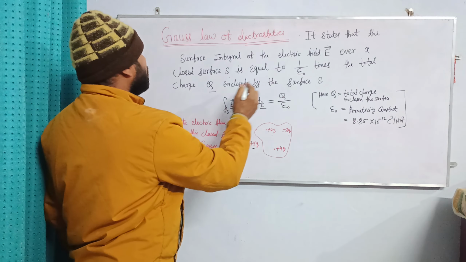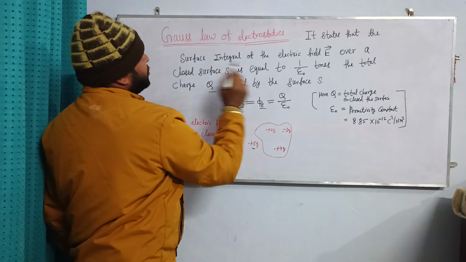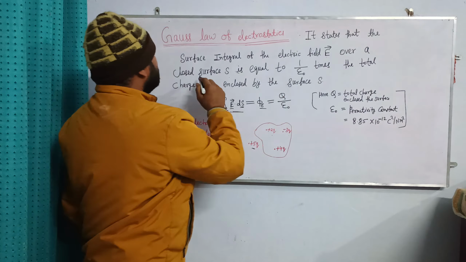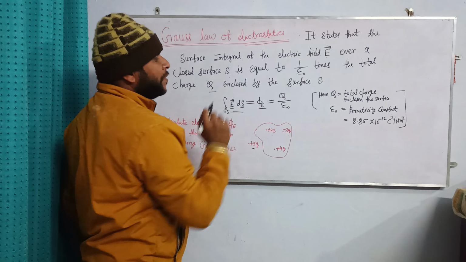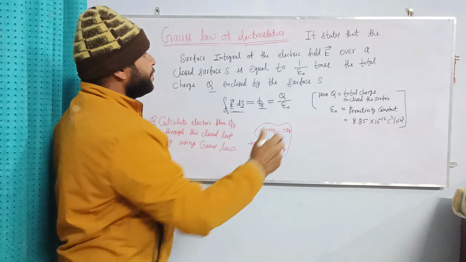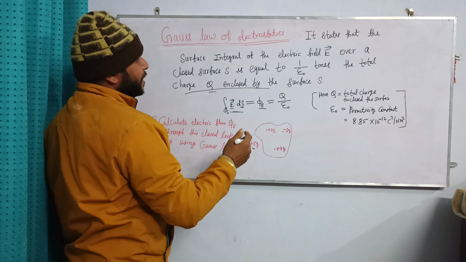Here the integral of E over the closed surface S means electric flux, so it becomes equal to phi E. Phi E is the symbol of electric flux and that is equal to the total charge Q enclosed by the surface. We can understand this statement of Gauss law of electrostatics in a better way by taking an example.